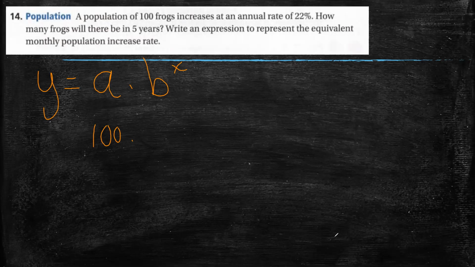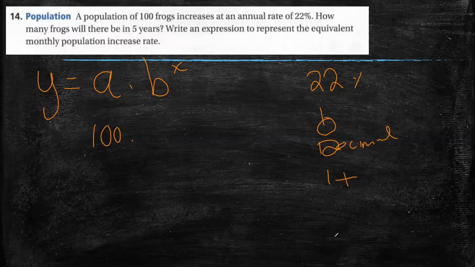The annual rate here is 22%. I told you to find the growth factor, you first write it as a decimal, then you add 1 to this decimal number. Why? Because the growth factor must be greater than 1.